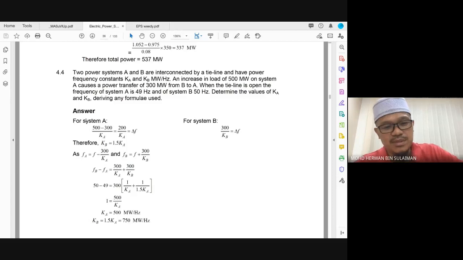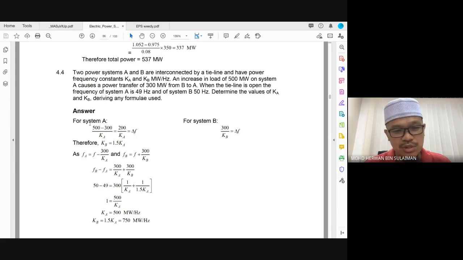So what happens in system A is that the load change is 500, and then you receive 300 from B, that's why you get negative. So (500 minus 300) divided by Ka gives you delta F, the frequency change, that is 200 divided by Ka.